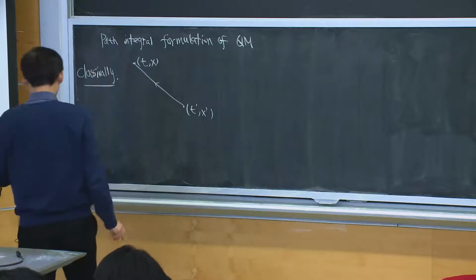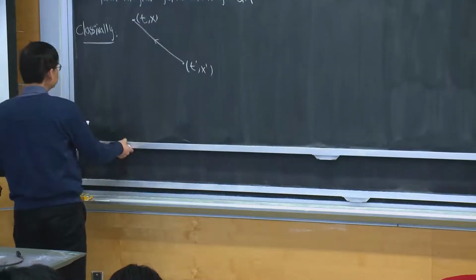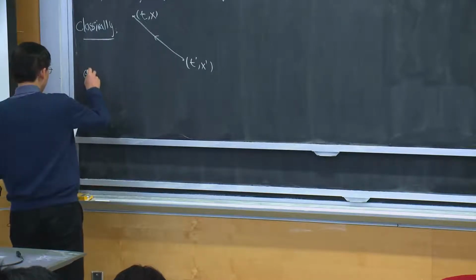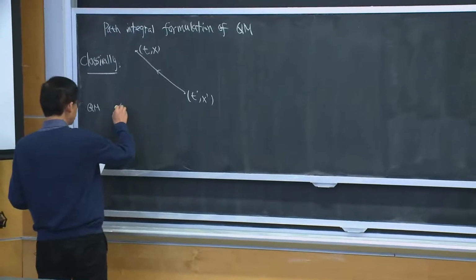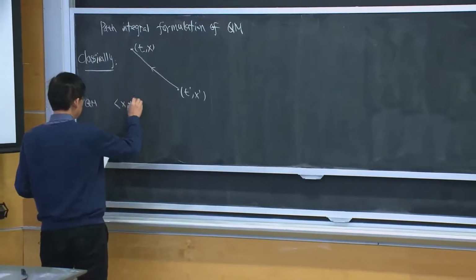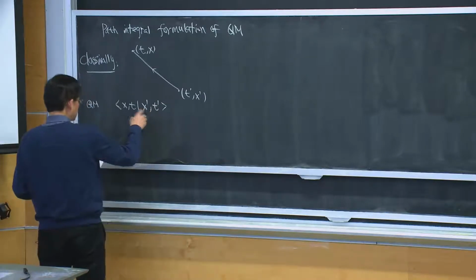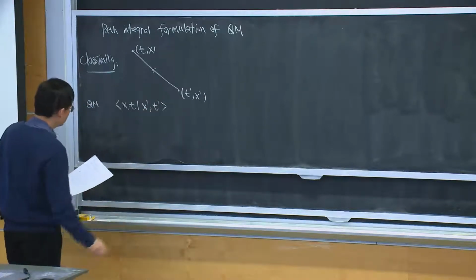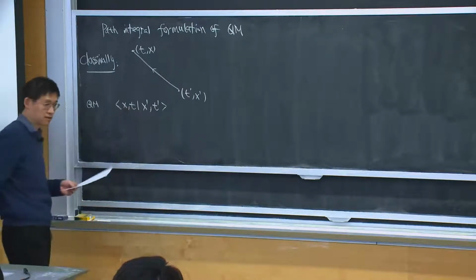There's a unique trajectory. So quantum mechanically, you ask a different question. You ask what is the transition amplitude if you say at t prime you are at location x prime, and what's the transition amplitude at time t you are at location x.